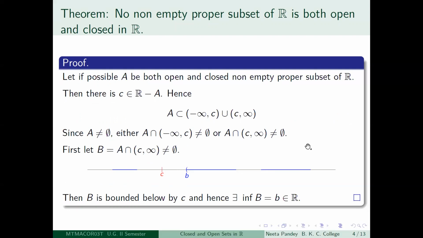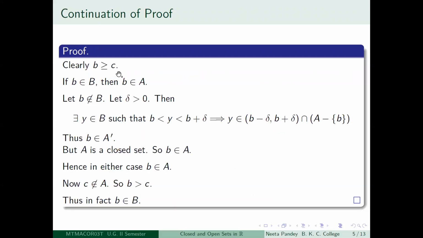So b is clearly greater than C. We knew that b was greater than or equal to C because b was the greatest lower bound and C was a lower bound of the set capital B. But now we see that b belongs to A and we know that C does not belong to A. So b and C cannot be equal and hence b will be strictly greater than C.